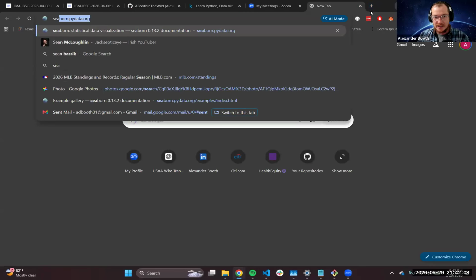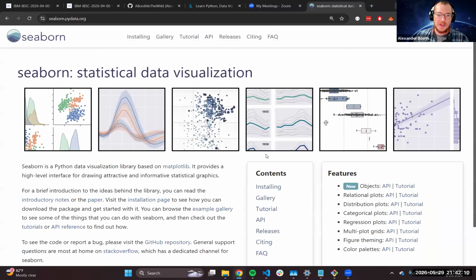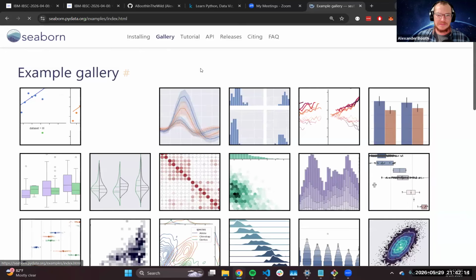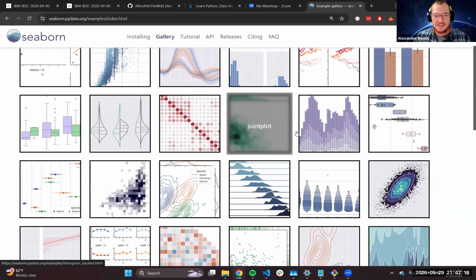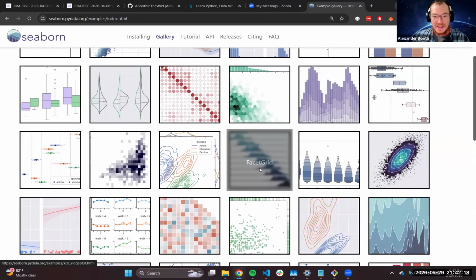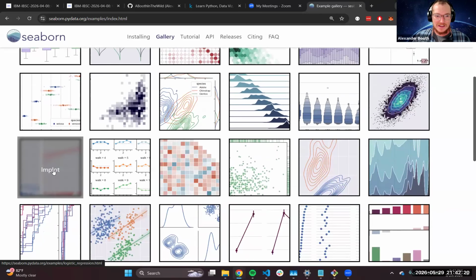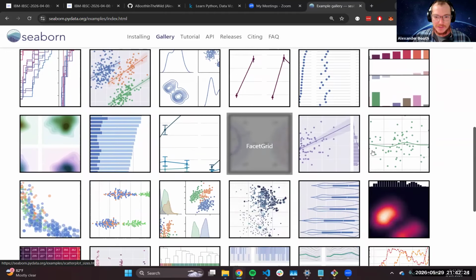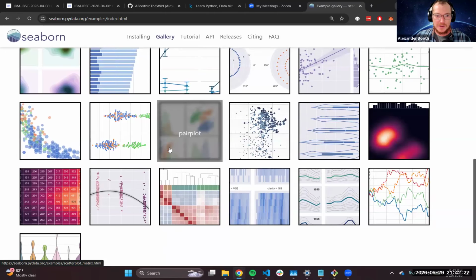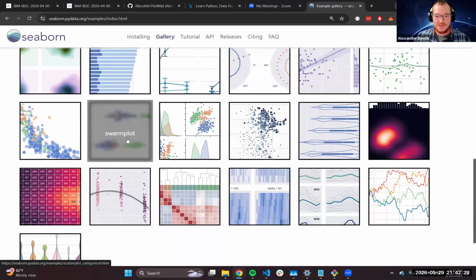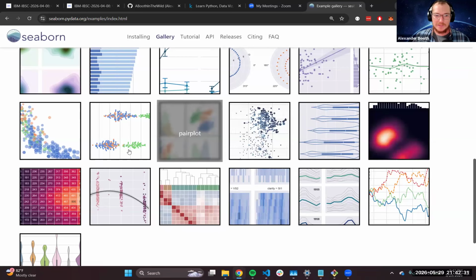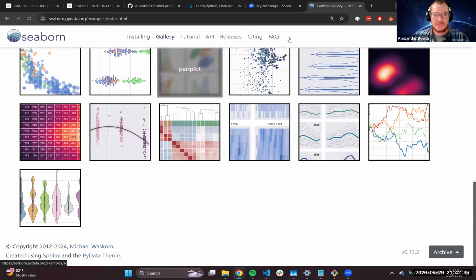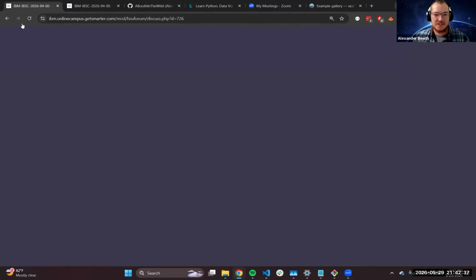Again, highly recommend checking out Seaborn for a lot of their really cool and fascinating statistical visualizations, your violin plots, your facet grids. Oh yeah, the pair plots, we already talked about that as well. So pretty cool. Swarm plots are kind of fun as well. They're like little bubble charts. Cool.